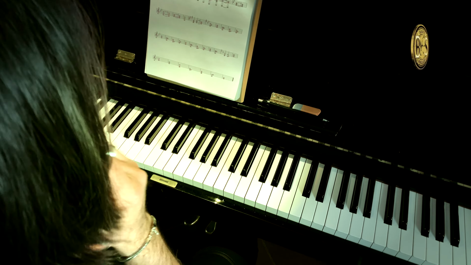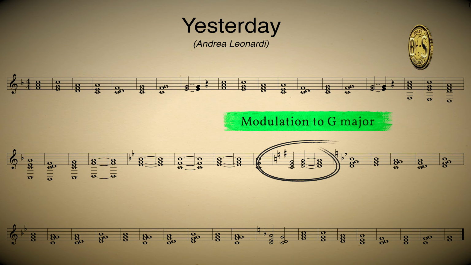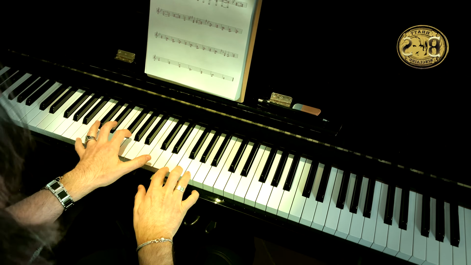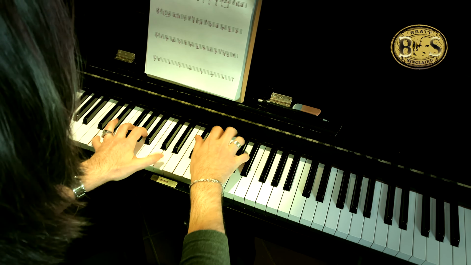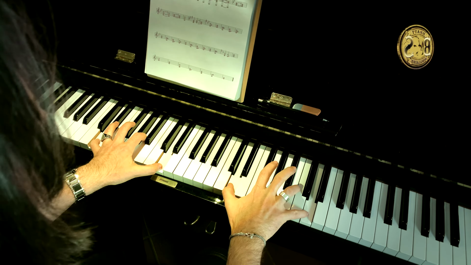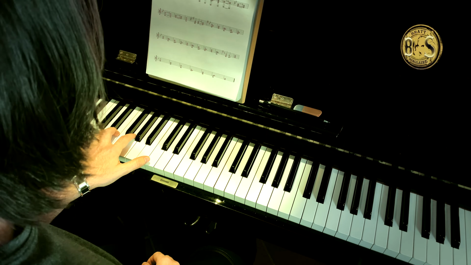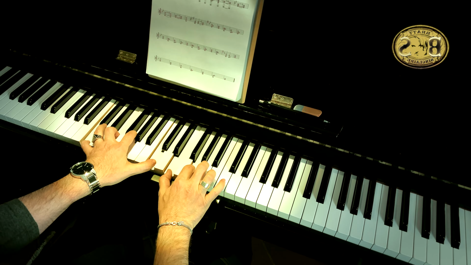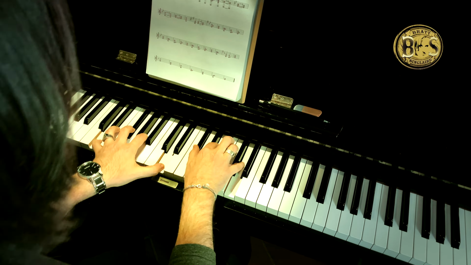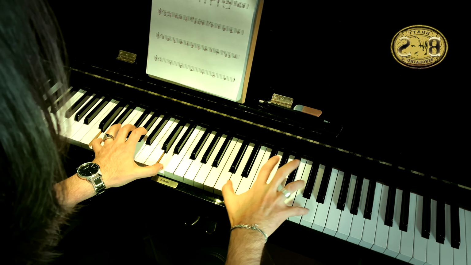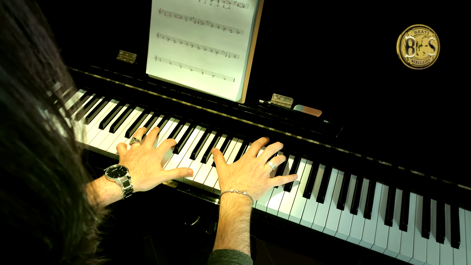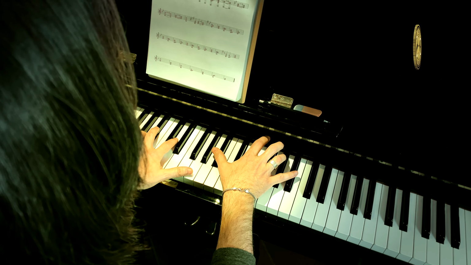Now a short transitional modulation to G major by the chords C major and D major. So I needed this short modulation to G major by C major and D major to land on the very first refrain chord, which is G minor 7.